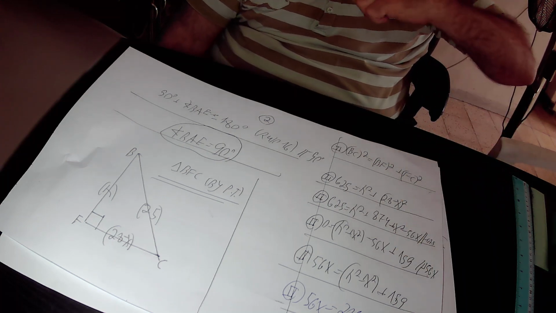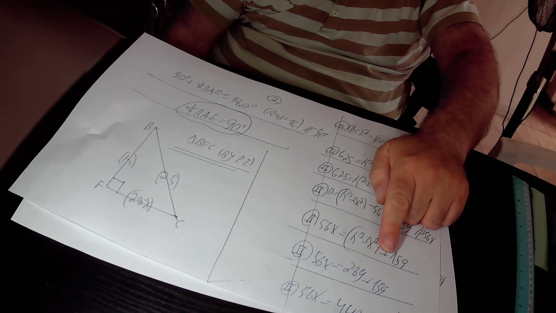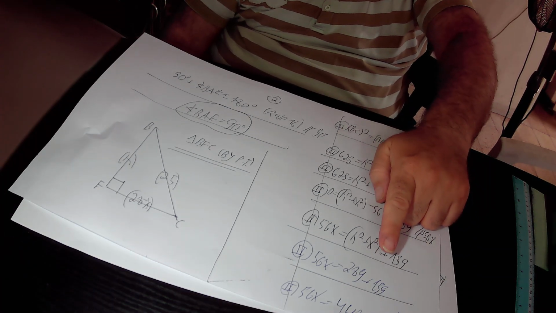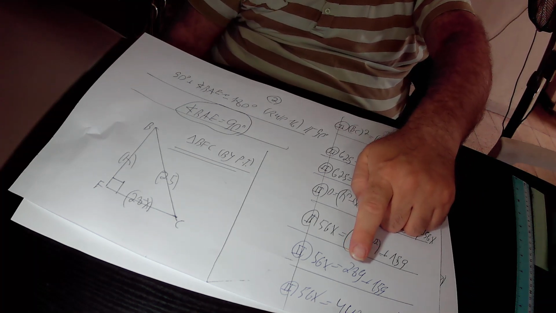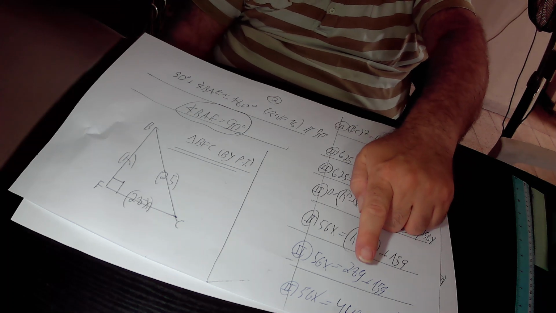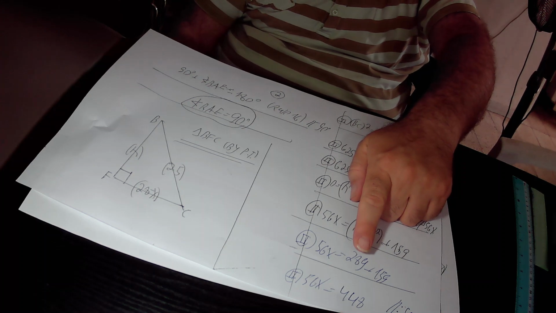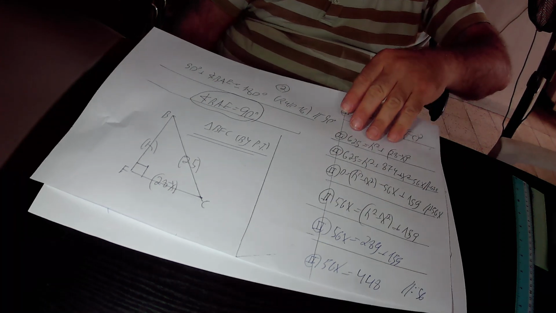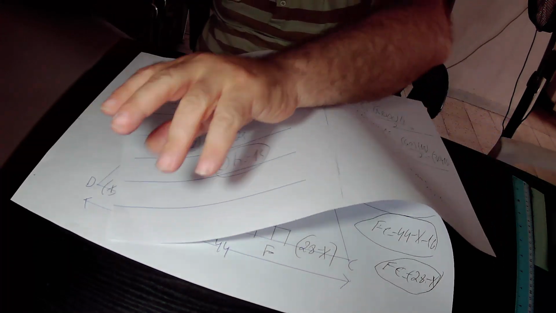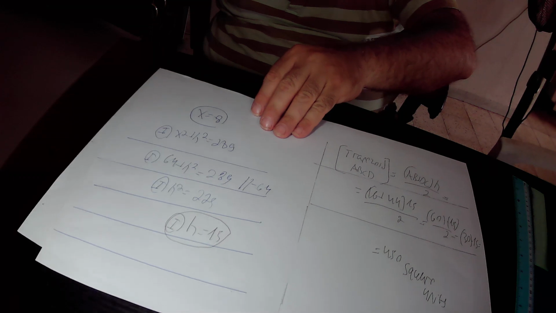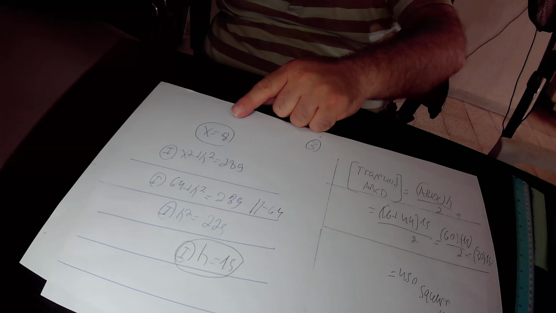So in total, 56x equals 289 plus 159, which is 448. Here we divided equation 2 by 56, and finally found that x equals 448 over 56. 448 over 56 is 8. So we found that x equals 8 units.